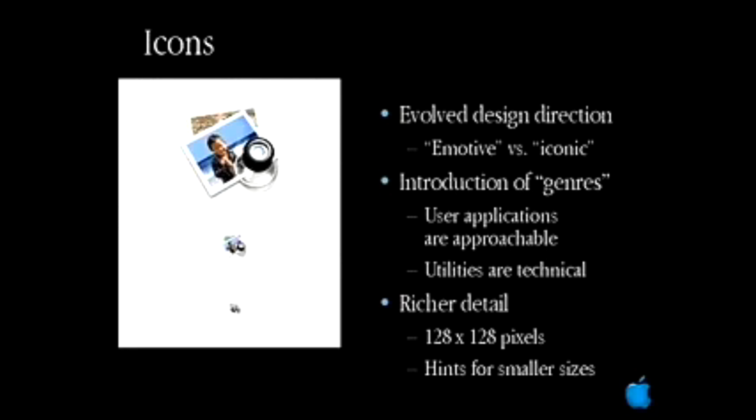Now the other thing we did is we've actually designed what we're calling genres. Now we've always had icon families, and families describe either icons belonging to an application, for example, the application icon and its corresponding document, or an extension or a control panel. Now we've always described those as families. Now in the case of multiple applications, we can of course have different kinds of applications.